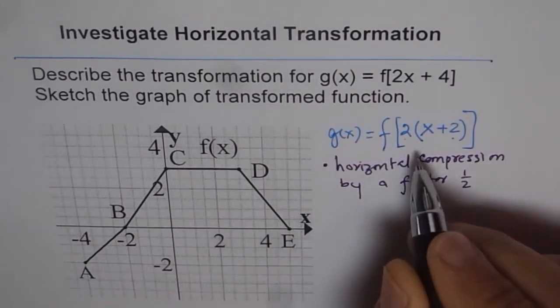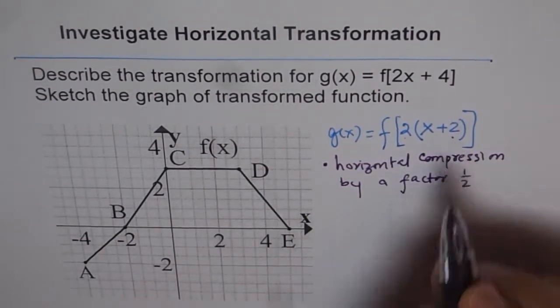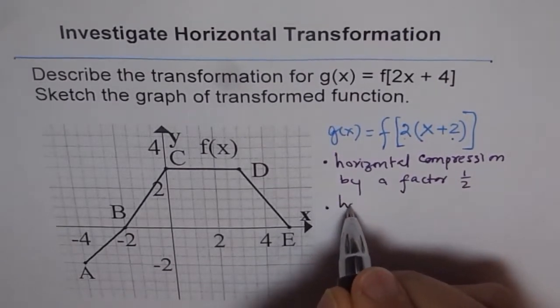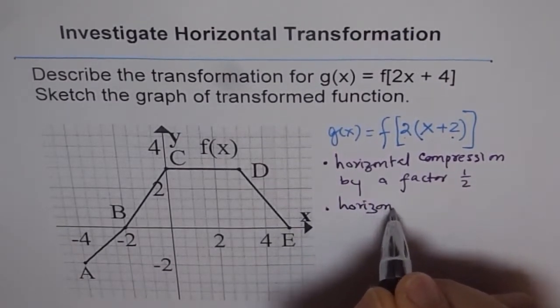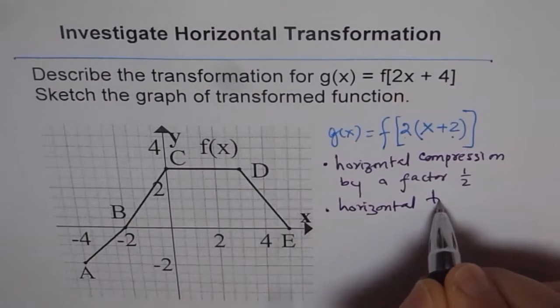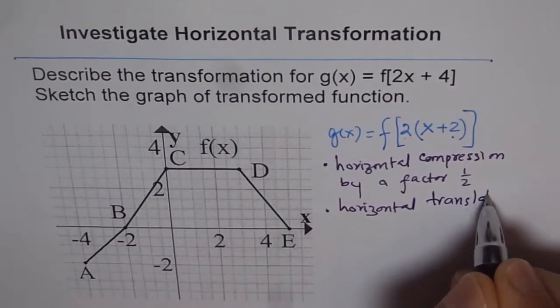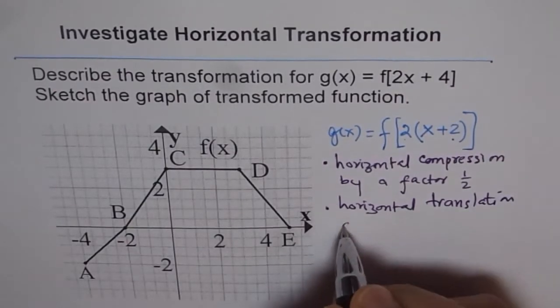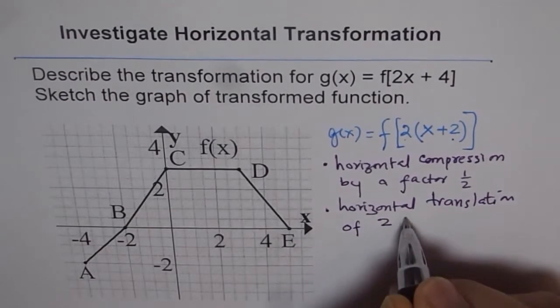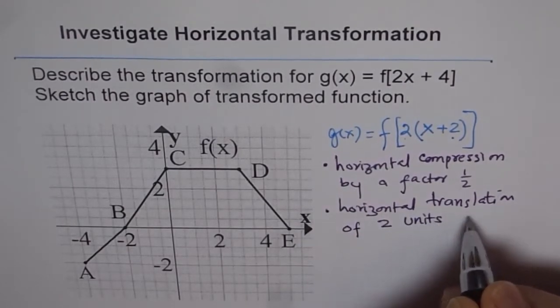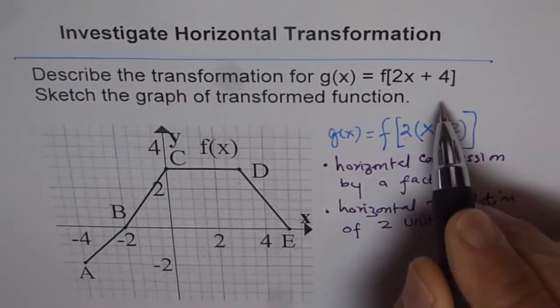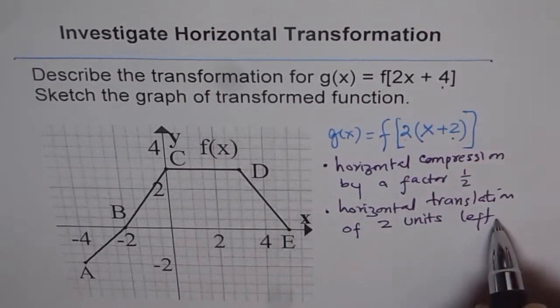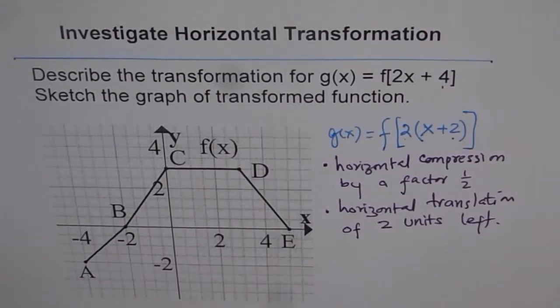Reverse it, right? That is the transformation, and this will result in a horizontal translation of 2 units left, right? Don't write 4. You need to factor and get the right answer. So that's the first part.